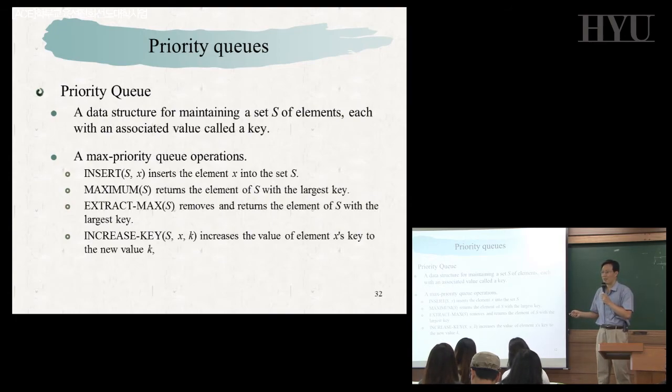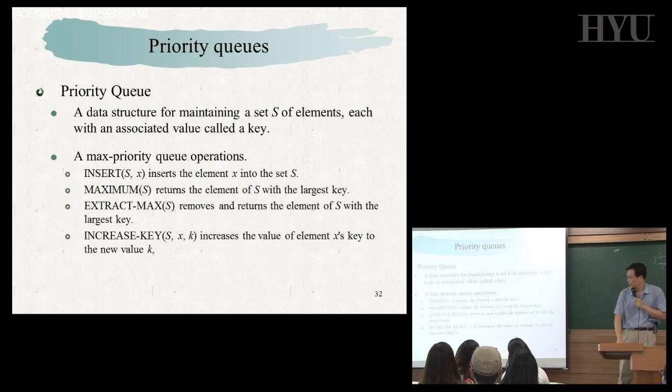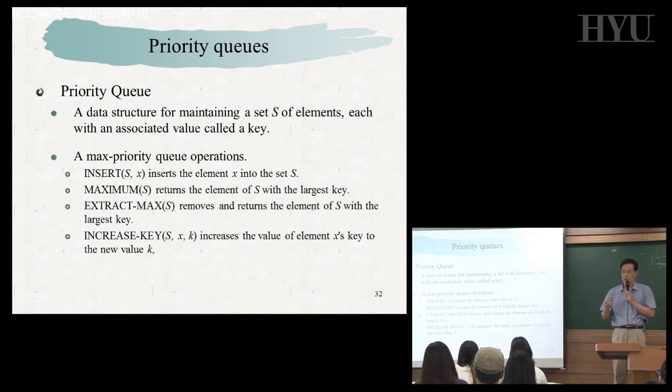And extract max. The difference between these two operations is whether you remove the maximum element or not. Extract max removes the maximum element from the queue. And then finally, the priorities of keys can be changed. Usually they are increased.